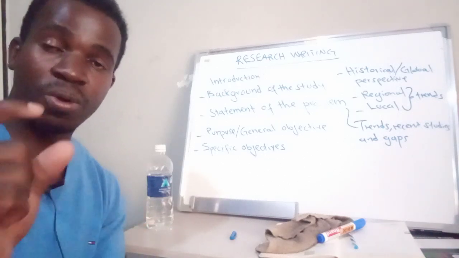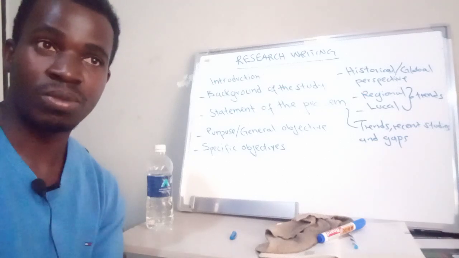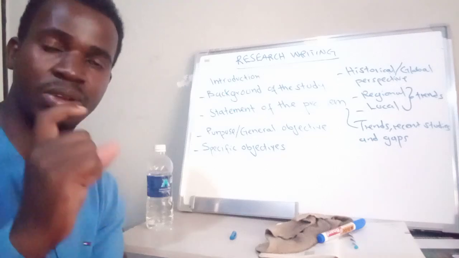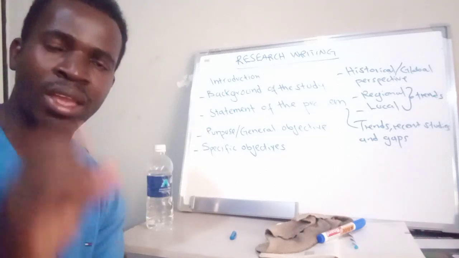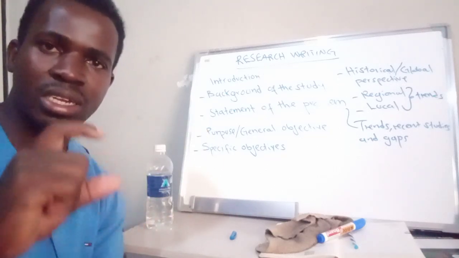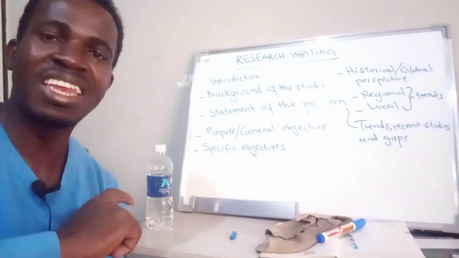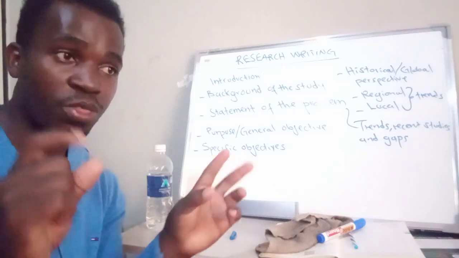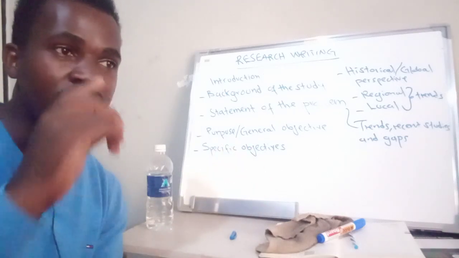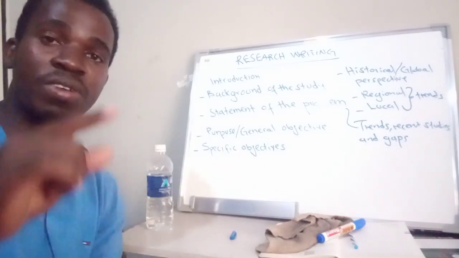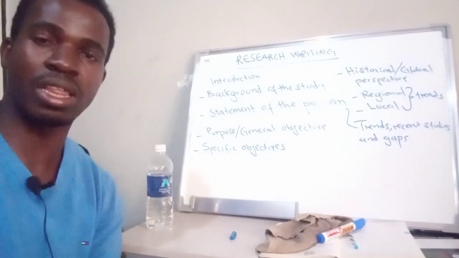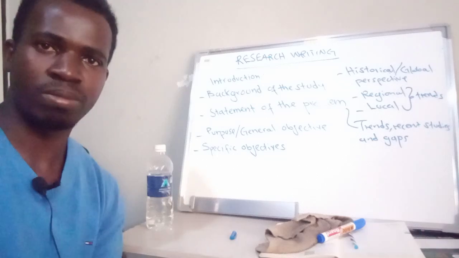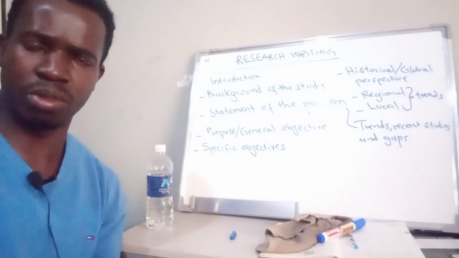If you are conducting that study within an organization, you have to provide information to say this is what has been trending in that particular organization, company, area, school, institution, name them. It is from there that you're going to identify those gaps to say, this is the problem, and I want to investigate, push knowledge further so that we can understand more about this particular problem. That's exactly what the statement of the problem says.